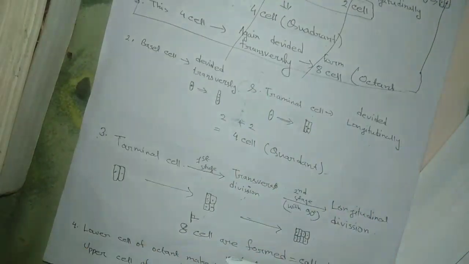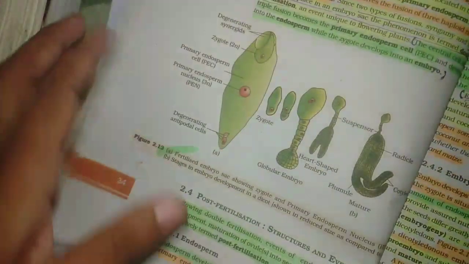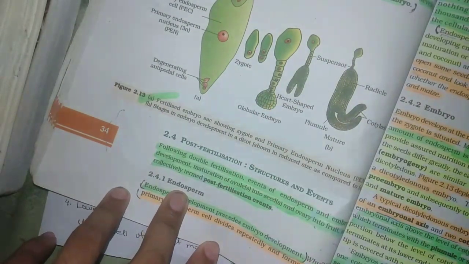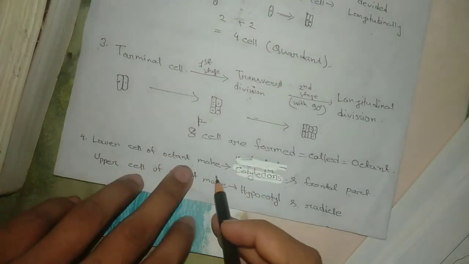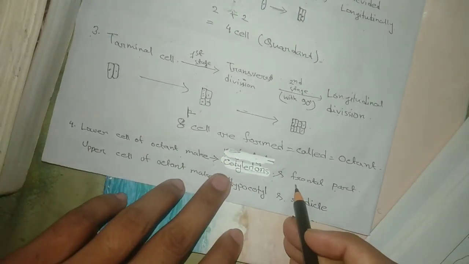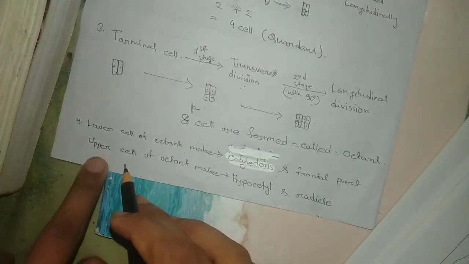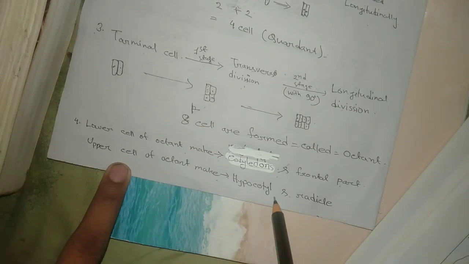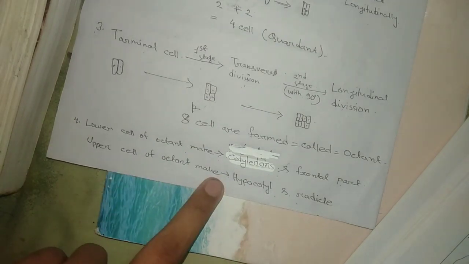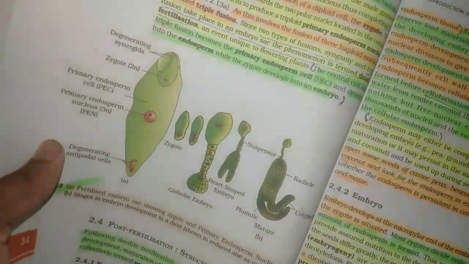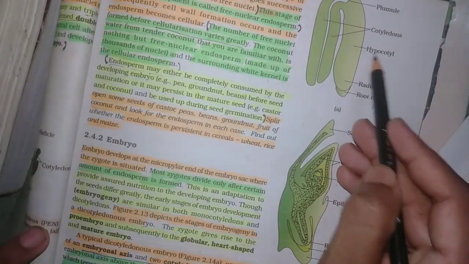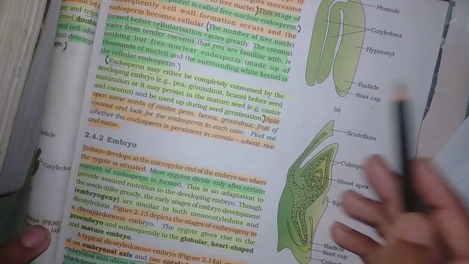The upper cell of the octant makes the hypocotyl and radicle.